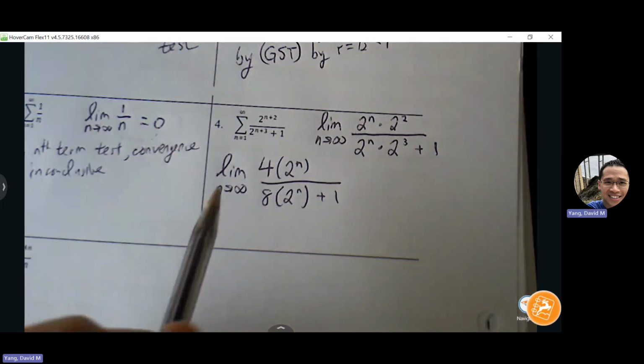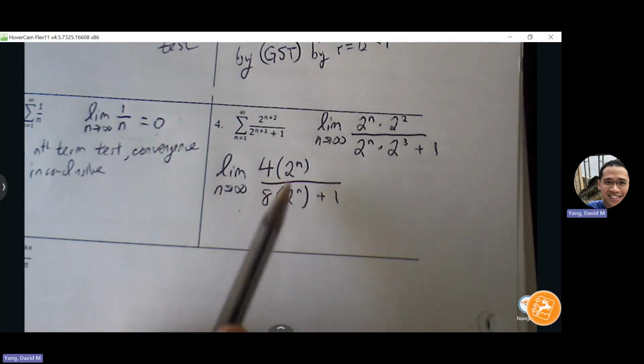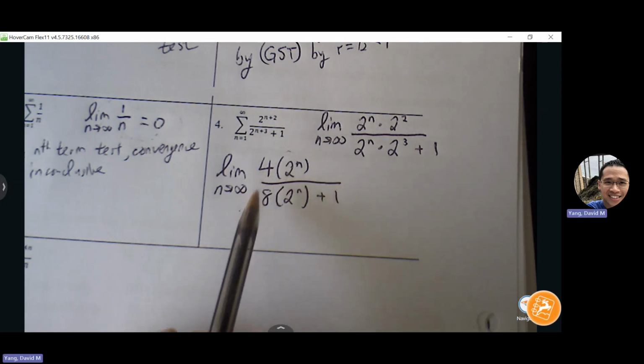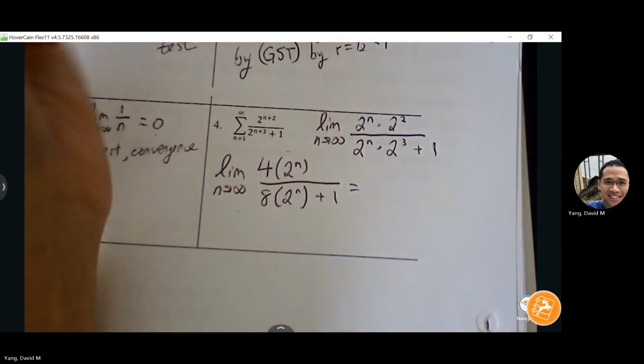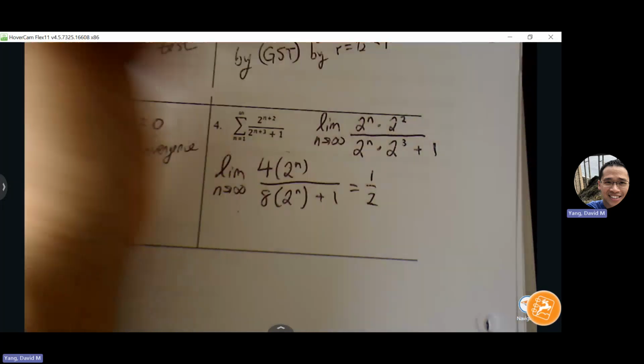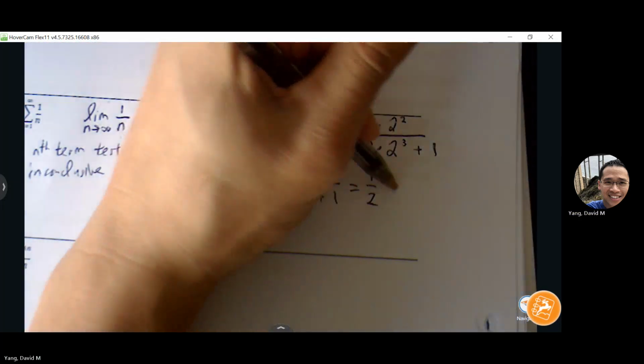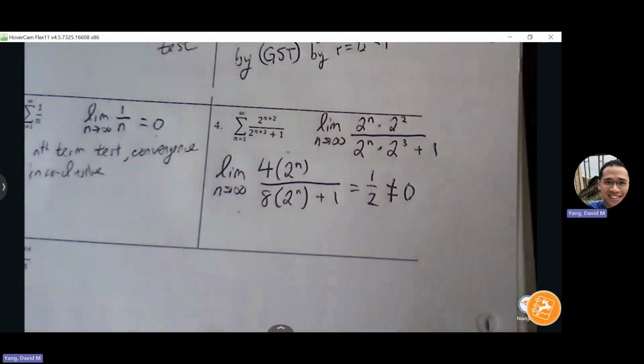So here we can tell that both the numerator and denominator are growing at the same rate because they both are growing exponentially like 2^n. So basically, we just look at the coefficients, right? And the limit of this rule of sequence is what? It's 1/2, right? What can we conclude? It's not equal to 0.